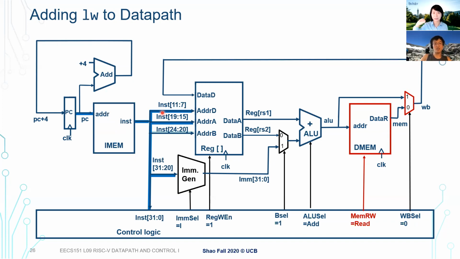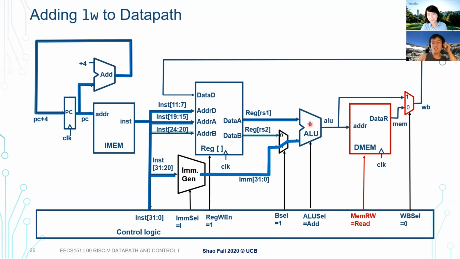So an I-type instruction has one source, one destination, and one immediate field. Again, we always need to increment our program counter. We only use a single source register, so we use the first source register to read the value out of RS1. And the second input to our ALU is from the immediate. This is the same as the arithmetic I-type instruction that we have seen before.